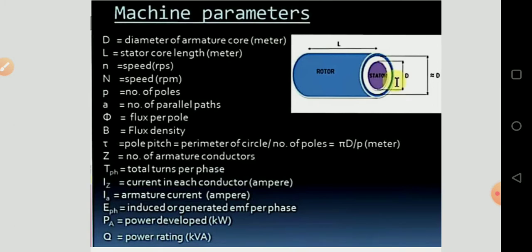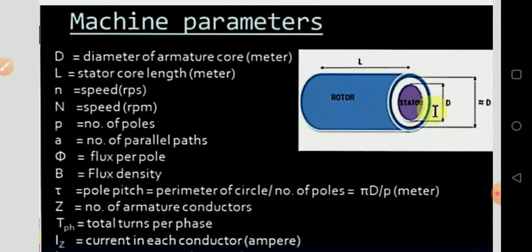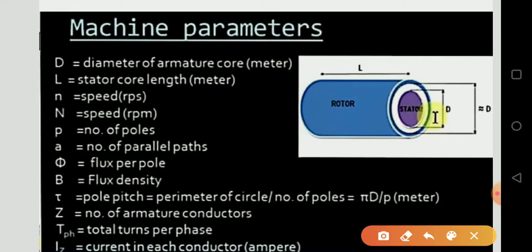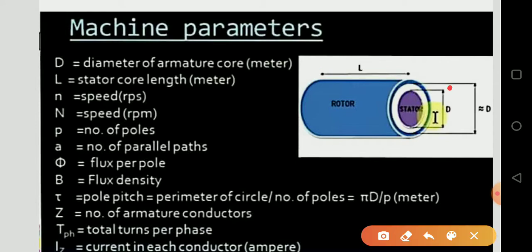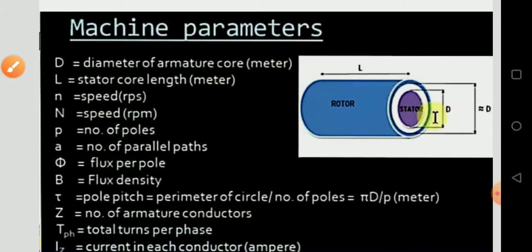Now the machine parameters. The parameters required for the design of the machine: this is the rotor and this is the stator and this is the length, and from here to here this is the diameter.